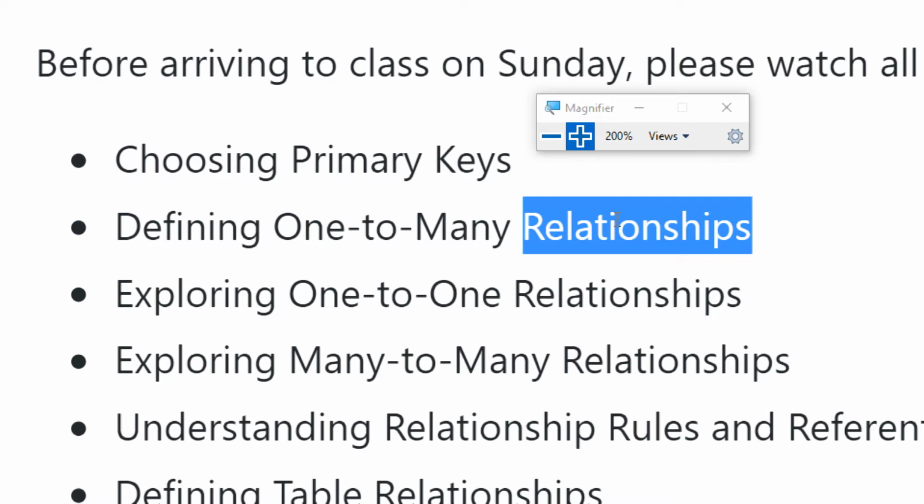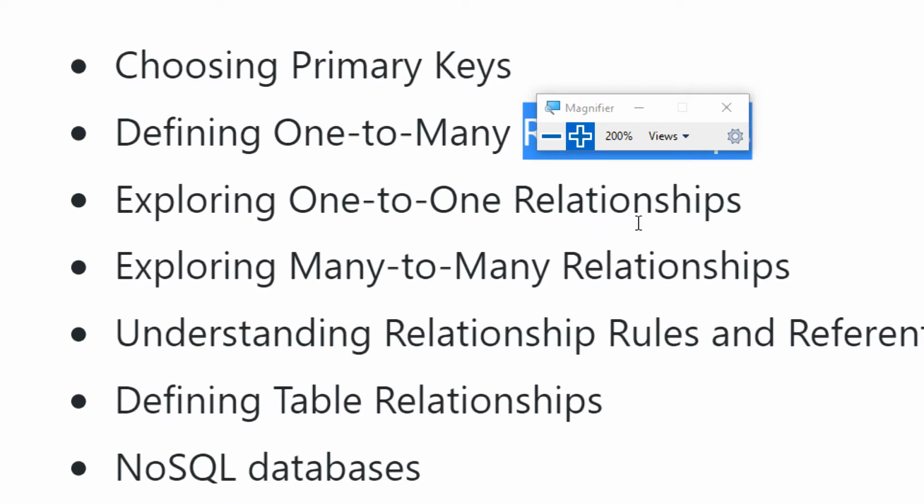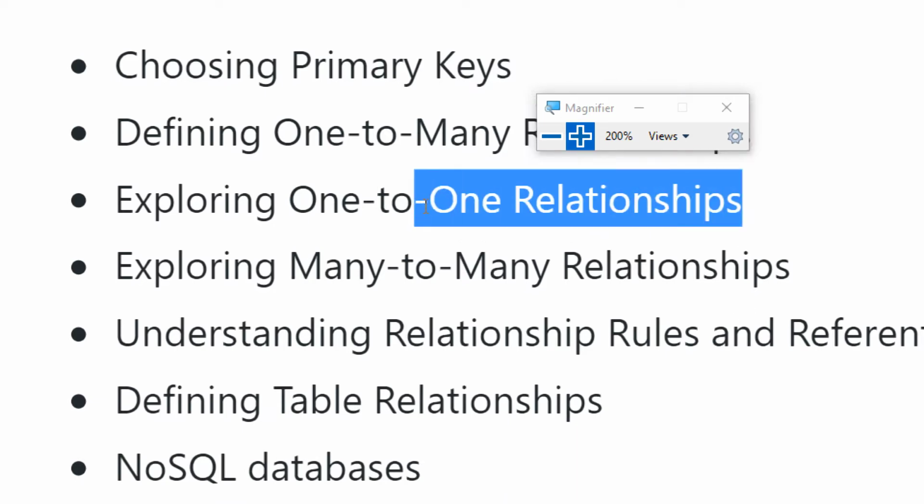Then we have one-to-one, which is basically one row referring to another row. I would say the usage of this one is quite rare, because usually when you have these, it's just as easy to put them in the same one big row. That's not to say it doesn't happen, but in my opinion the use cases are rare.